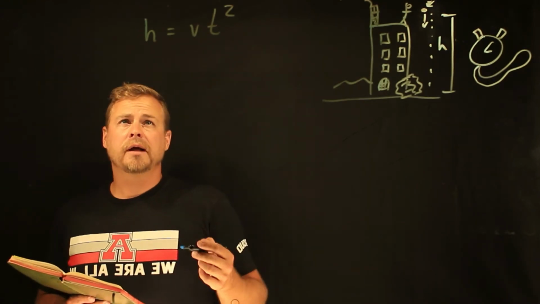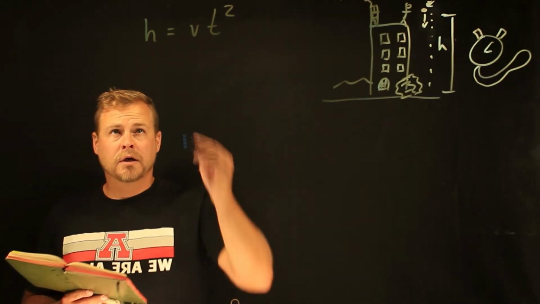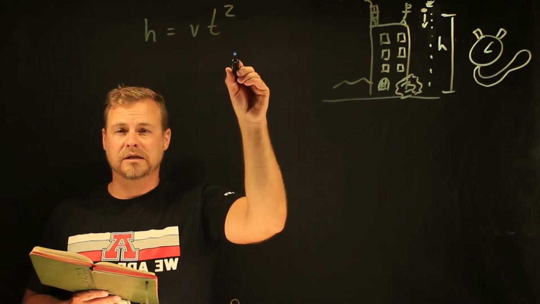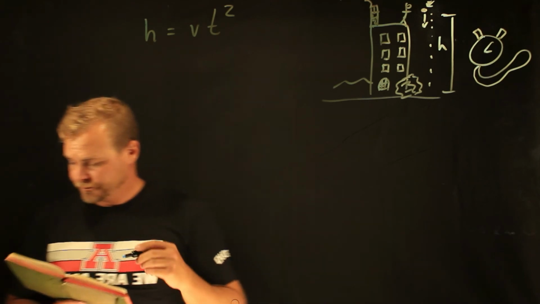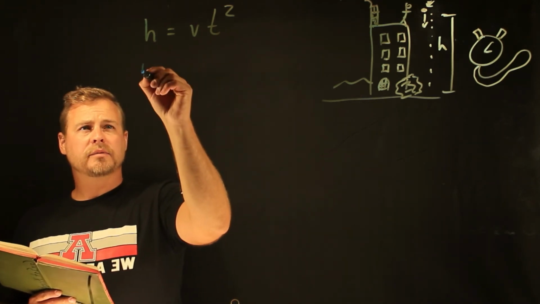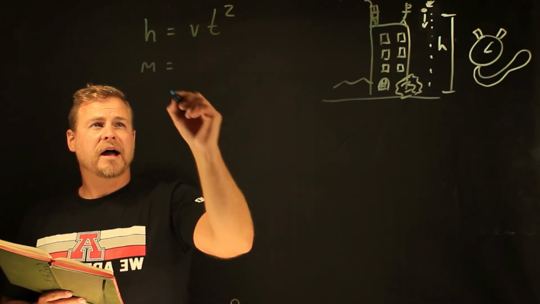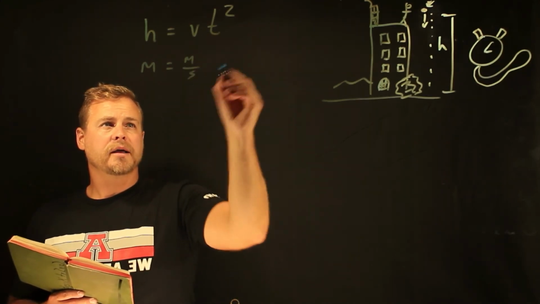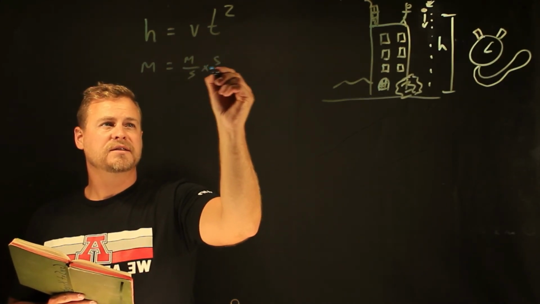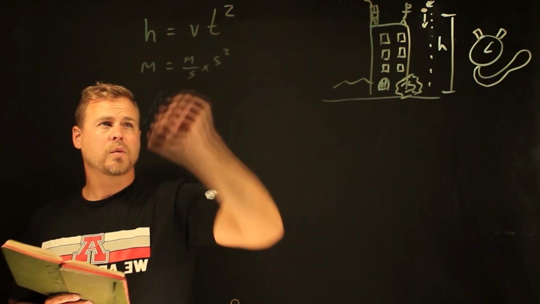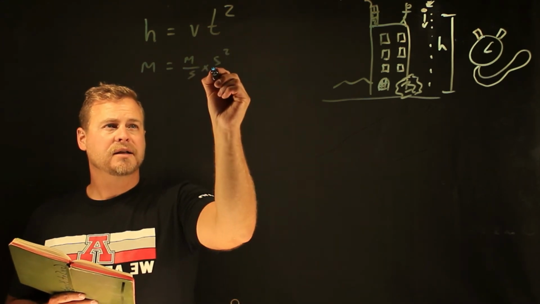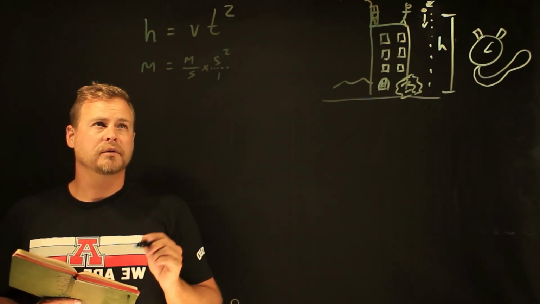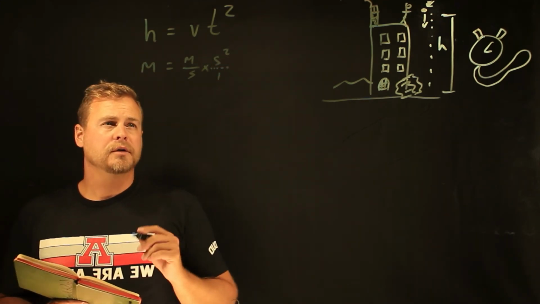Okay, first thing I'm going to do is plug in the units for each variable of the quantities that I know. So height is going to be in meters, velocity is meters per second, time is in seconds, and they squared it. And it's not explicitly said, but I know that that seconds squared is over 1, because it's in the numerator.